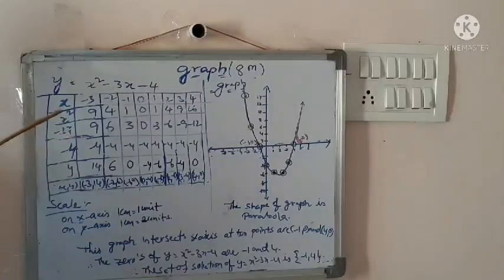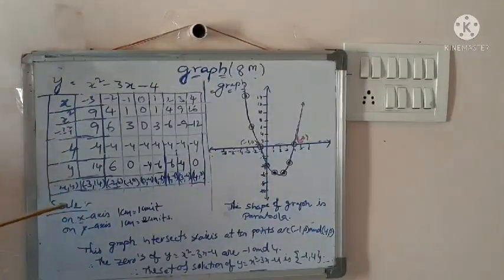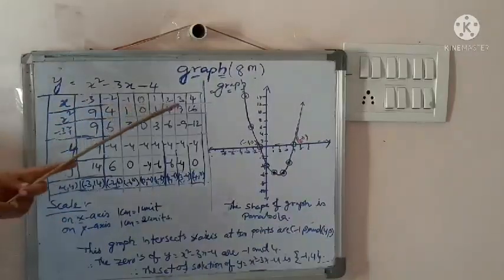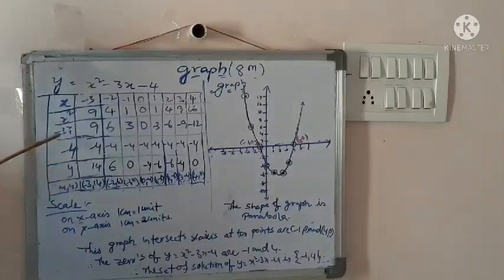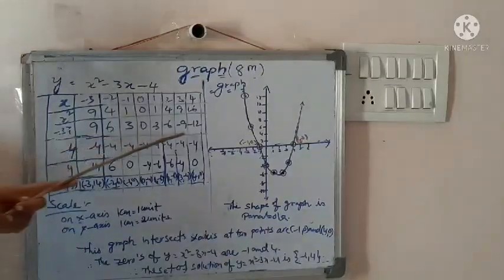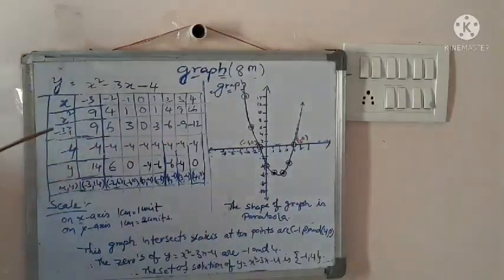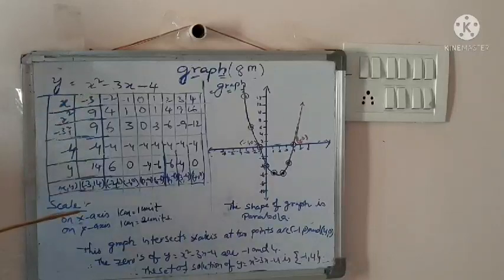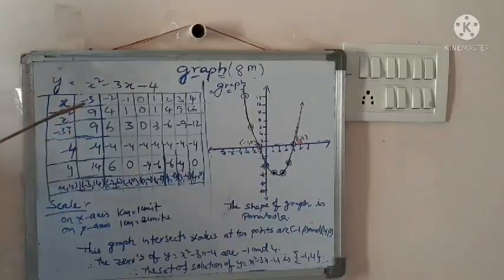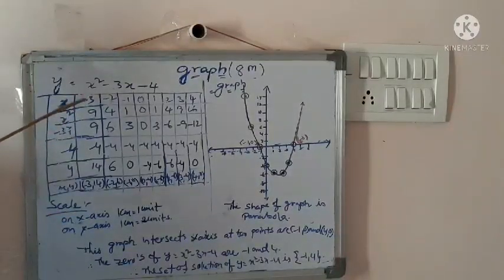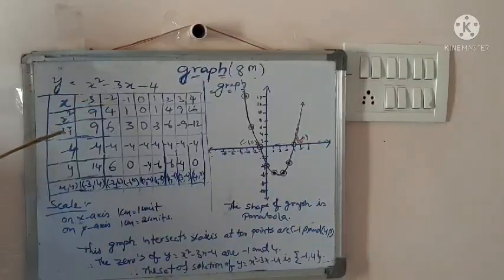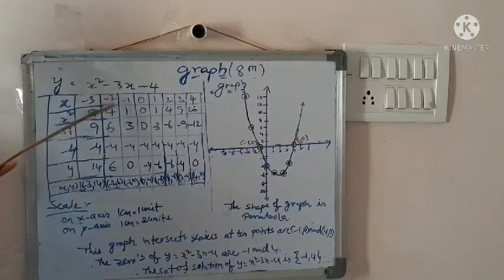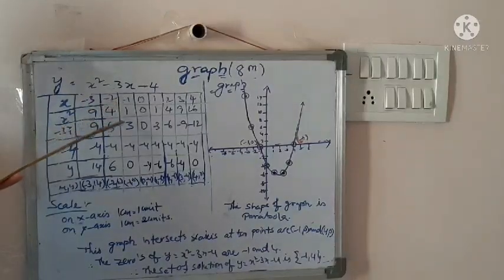And here minus 3x. So all these numbers are multiplied with minus 3. Then write the numbers here. So minus 3 into minus 3. First you multiply signs. Minus into minus is plus, 3 into 3 is 9. Minus into minus is plus, 3 twos are 6. Minus into minus is plus, 3 ones are 3.